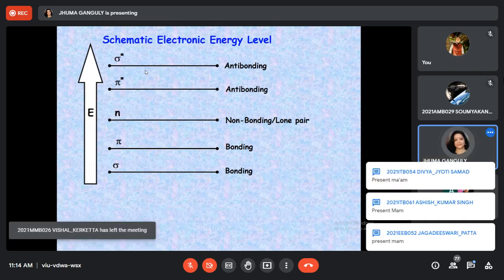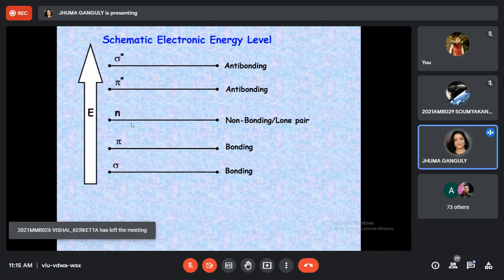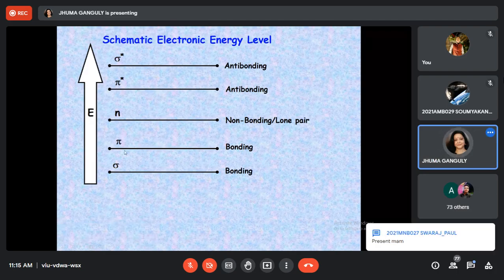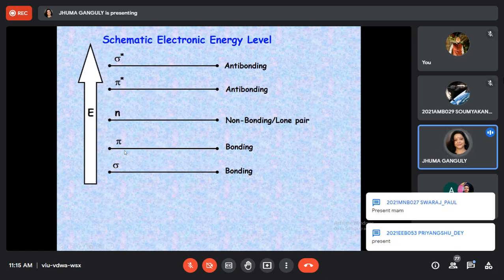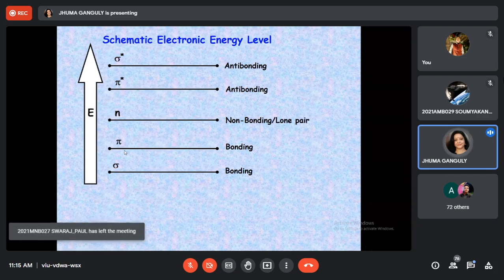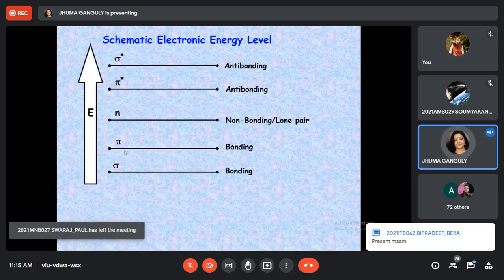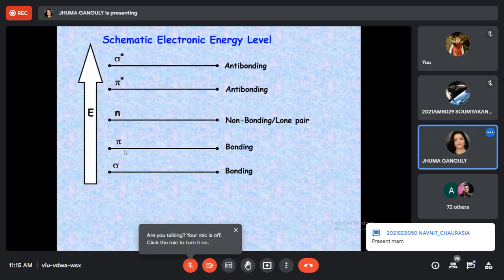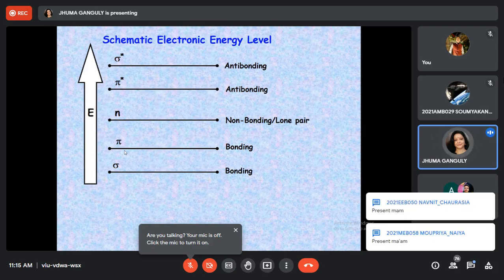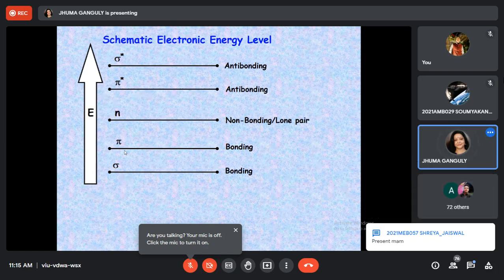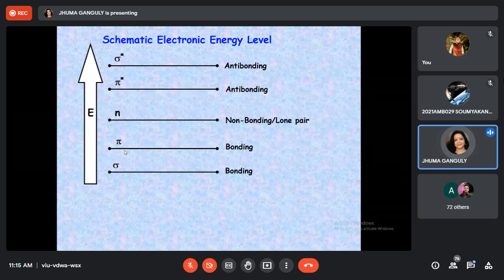So each transition, sigma and pi, these two have antibonding: pi antibonding and sigma antibonding. But for non-bonding, there is no such thing, because they reside on one particular atom. Suppose you have only an oxygen molecule, they have such property, not carbon or others. So there is no bonding and antibonding.